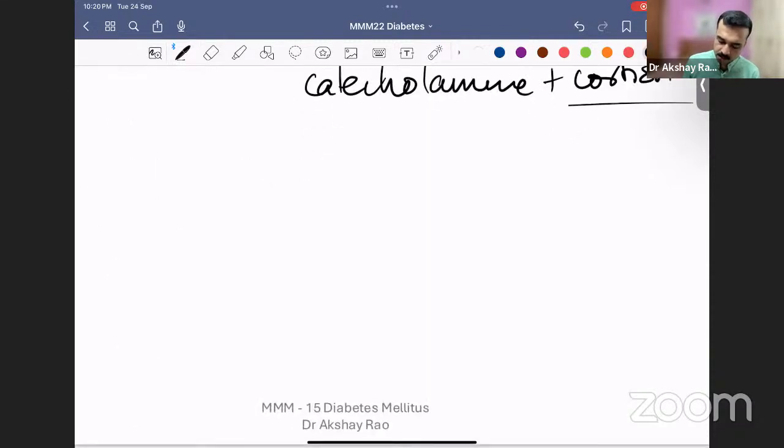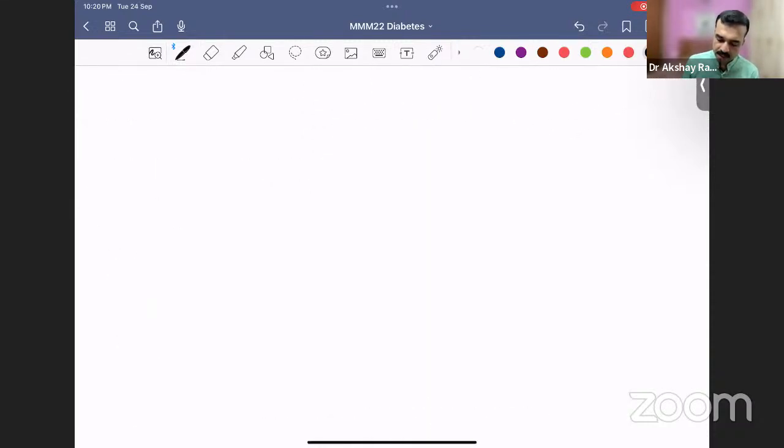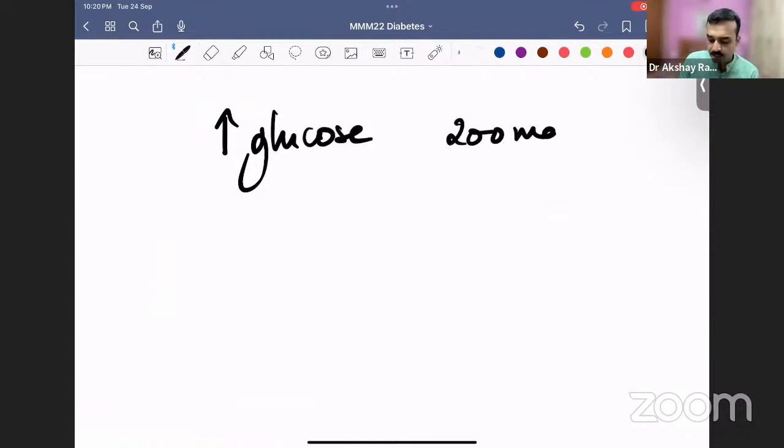When there is this lopsided ratio of low insulin and high counter regulatory hormone, the glucose levels will be high. How high? Even 200 milligram per deciliter is enough. This is the latest. Earlier 250 was the cutoff. Now 200 milligrams is sufficient to consider a diagnosis of DKA.